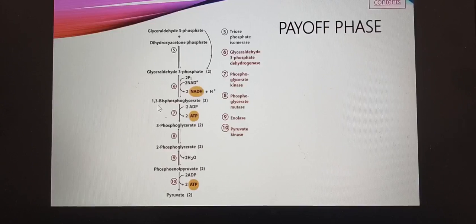So after that we got 1,3-bisphosphoglycerate.